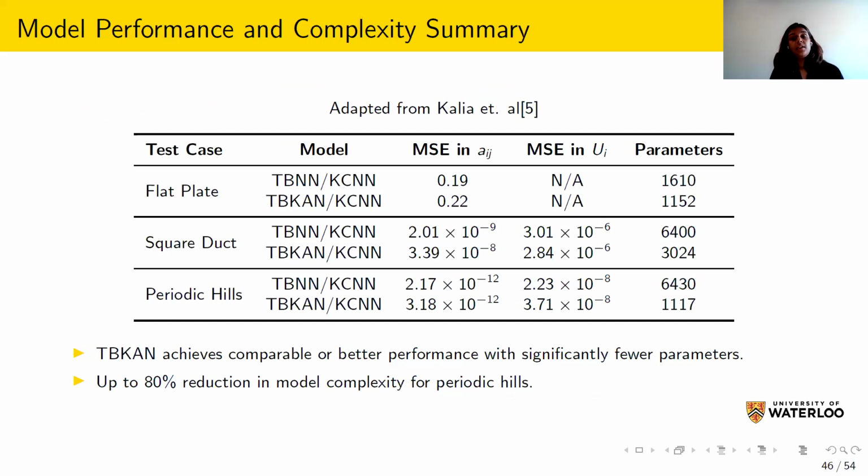The MLP network has more parameters, almost 50% more in the square duct case, and almost 80% more in the periodic hills case. So there is significant parameter reduction when we are using the CAN architecture. It is giving us comparable performance with the TBNN, nothing too different, still fairly comparable.